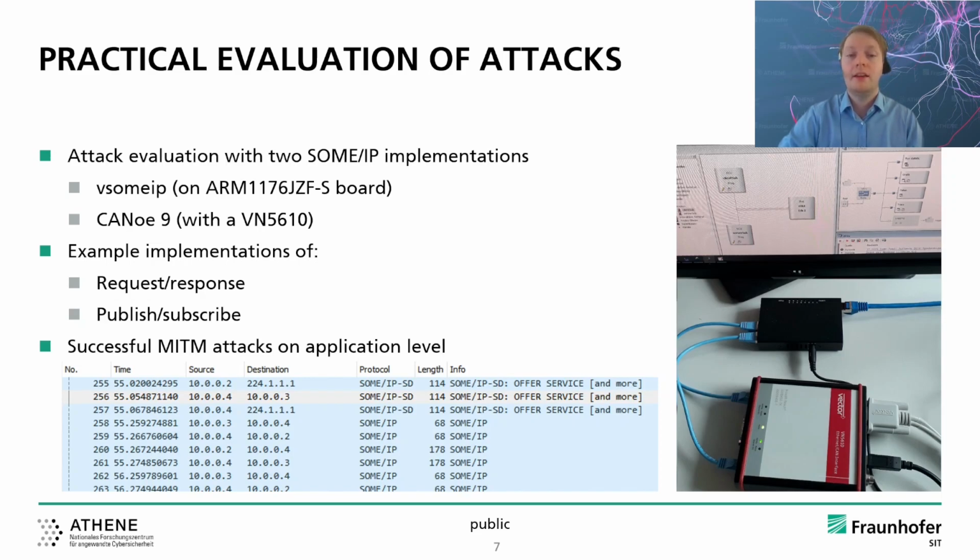We tested against two example implementations, a request-response communication as well as a publish-subscribe example. We successfully attack all implementations on the application layer only, so without manipulation of UDP, TCP, IP or the MAC layer. For this reason, low-layer security protocols do not prevent our attacks.